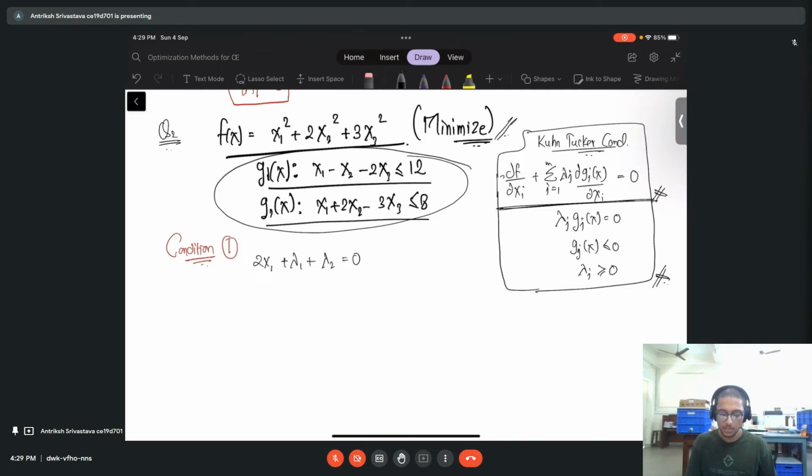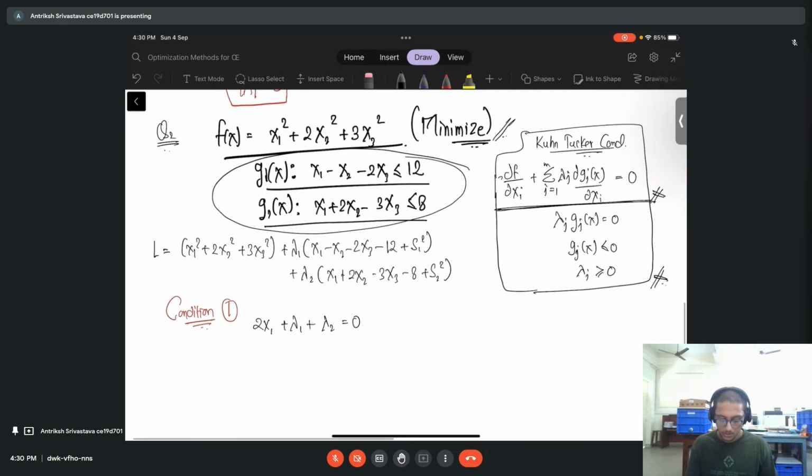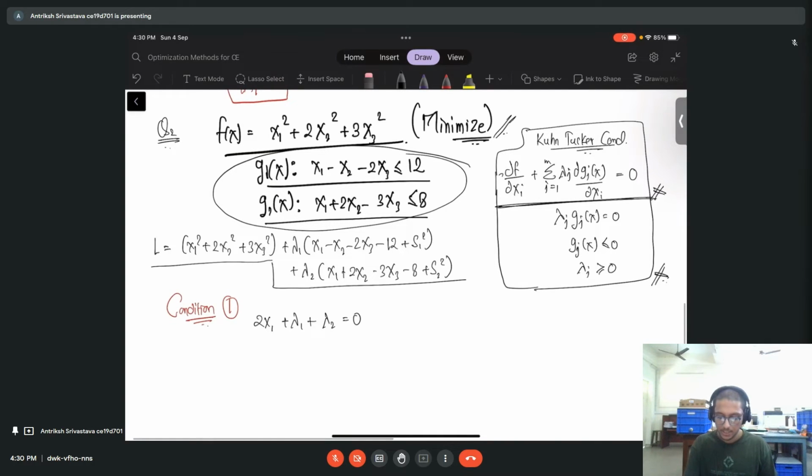Maybe it will be helpful if we write the Lagrange function first. So I have written this Lagrange function.